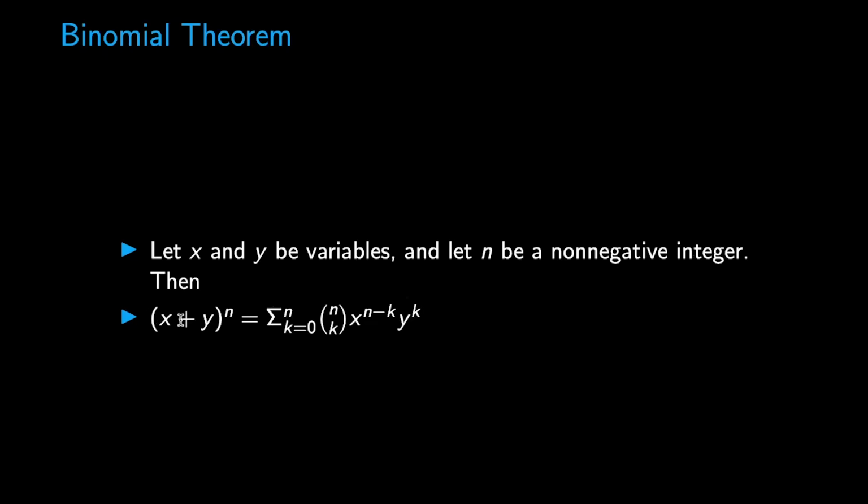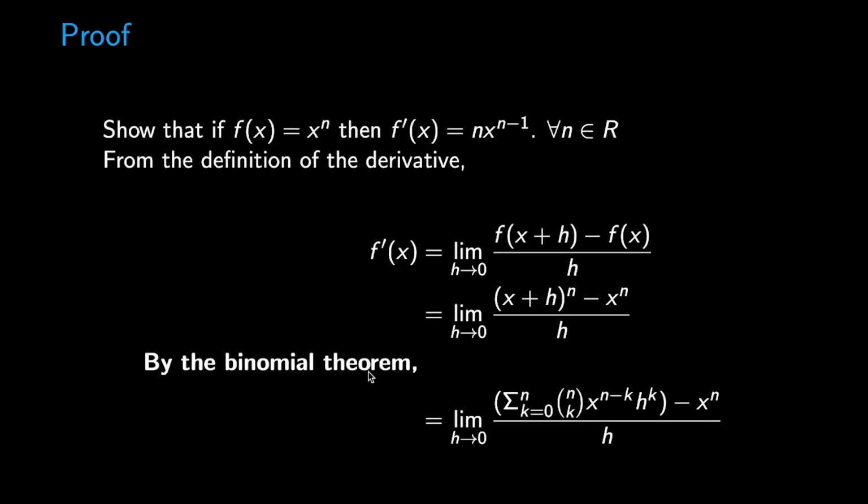Then the quantity x plus y raised to n is equal to the summation from k equal to 0 to n of n choose k times x raised to n minus k times y raised to k. Recall, this n choose k is basically a concept in combinatorics called combinations, wherein there's a special formula for that which I will show later.